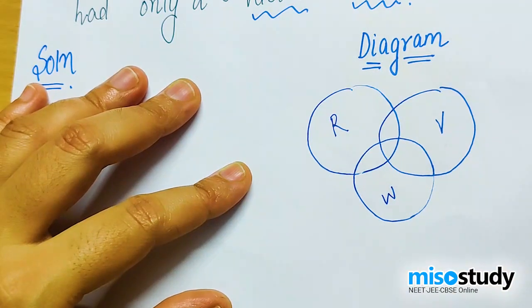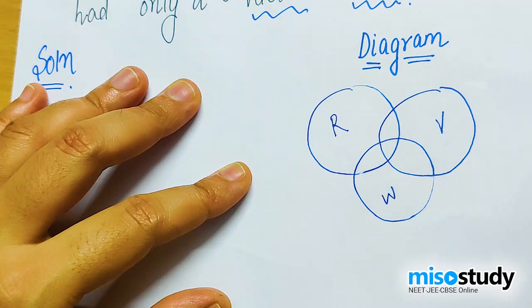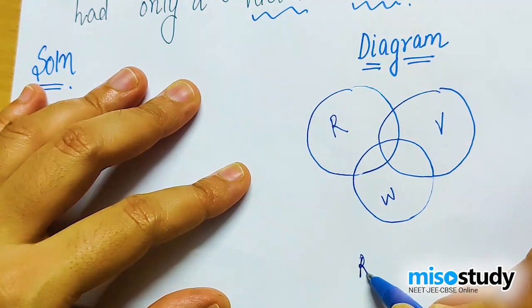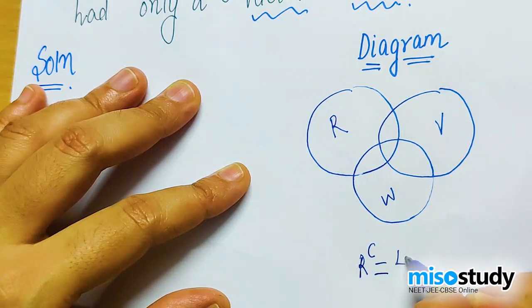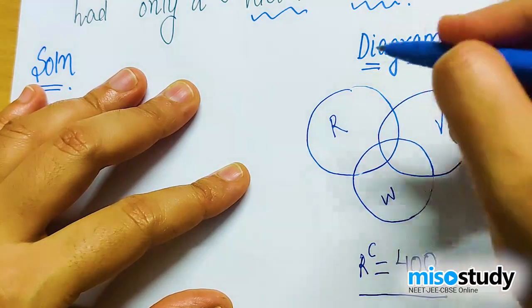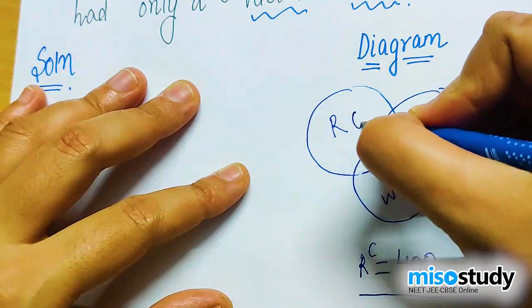Now what's being given to you? You are given that 400 had no refrigerators. That means you are given this R complement. When 400 had no refrigerators, how many had refrigerators? 1,000 minus 400, that is 600.